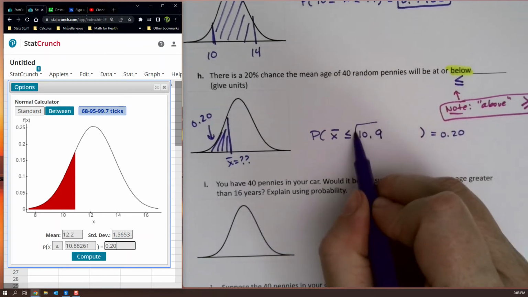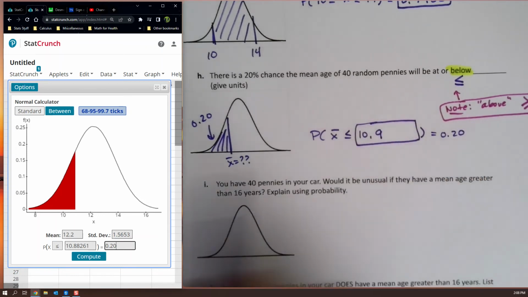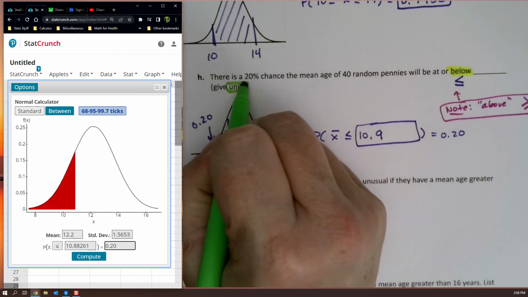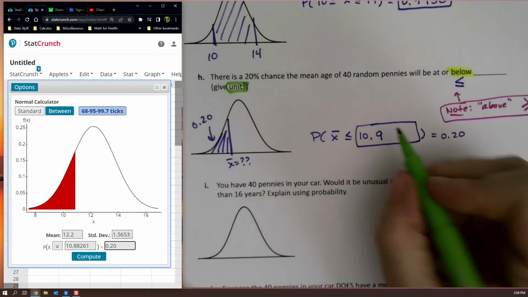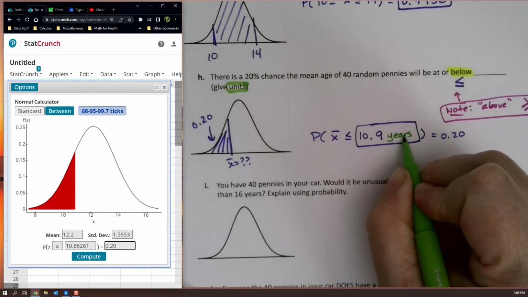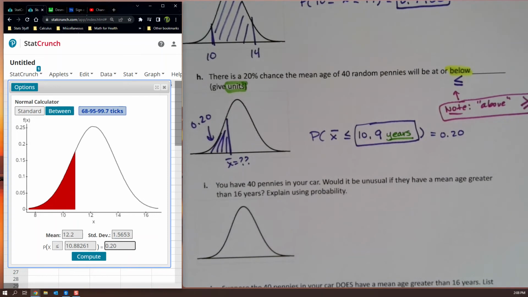So this is the answer, but it has a unit to it. You'll notice I wrote give units. So what's the unit? Because this was the age of the pennies in years, that's the unit. It's the unit for the data set.